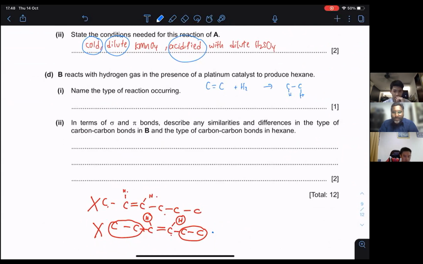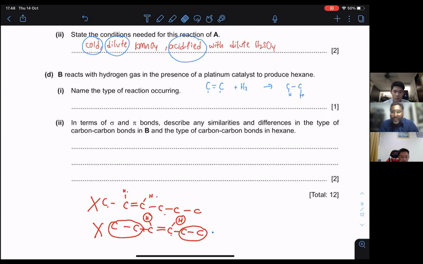Substitution? Definitely not substitution. It's being added. Being added means you're breaking the double bond and adding the hydrogen, so it's addition. Whenever a double bond has something added, it's supposed to be electrophilic addition.